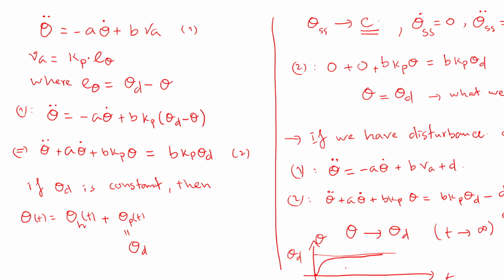If you design using a proportional controller, you can have a fast response, but at the same time you have oscillations like this. That is the limitation of the proportional controller, right?